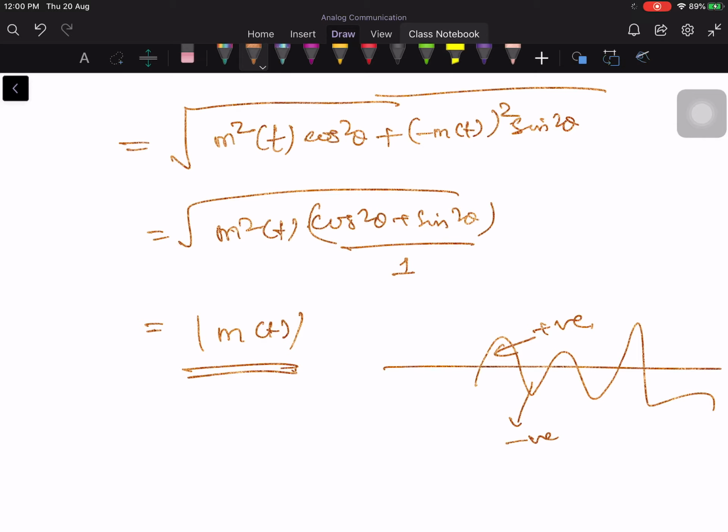Positive value of m of t. Therefore, the instantaneous amplitude is governed by the modulus of m of t.